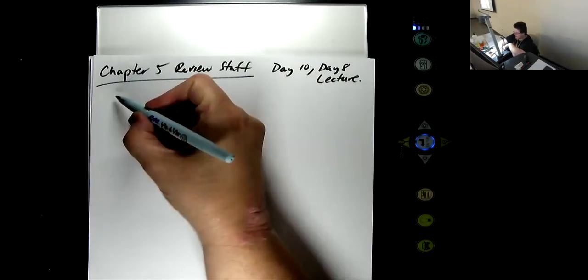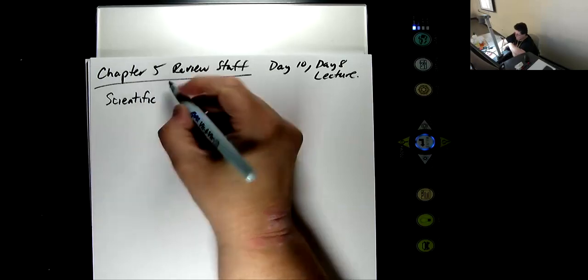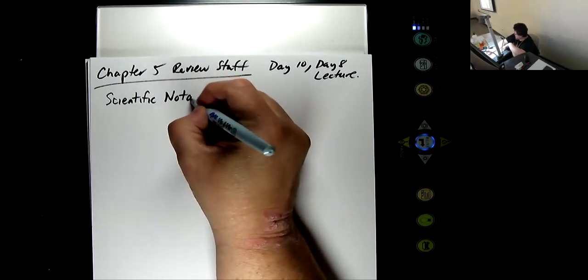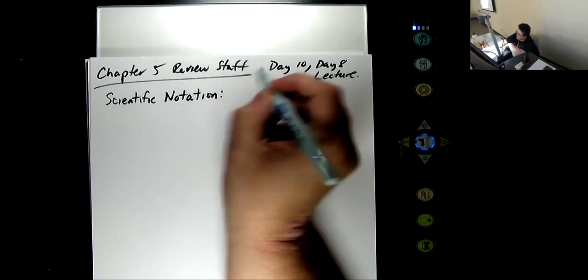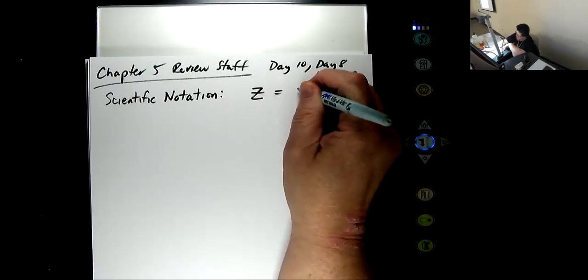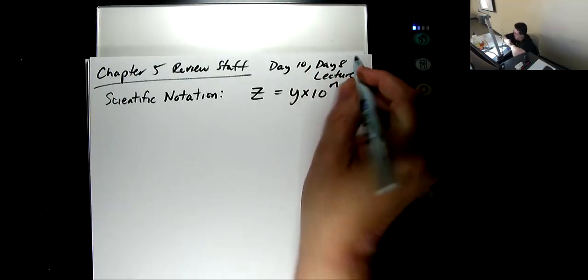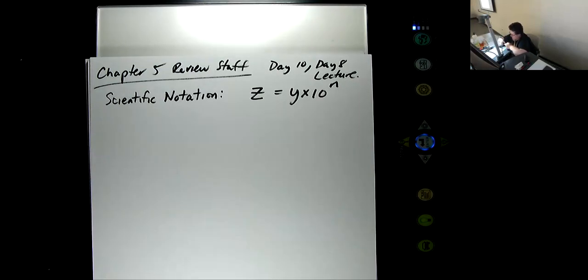We're going to start with scientific notation. It's where we have a number and it's equal to another number raised to a power or multiplied by 10 to some power.